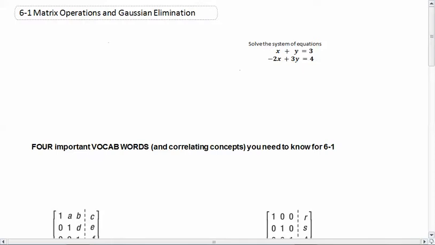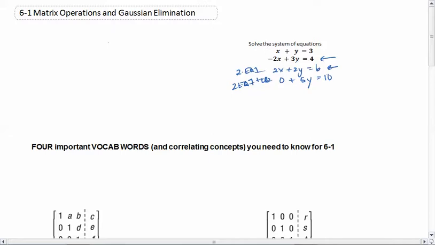If we said 2 times equation 1, what would that be? That would be 2x plus 2y equals 6. And then if I said 2 times equation 1 plus equation 2, if we add these together, we would get negative 2x plus 2x, which is just 0, plus 3y plus 2y, which is 5y, and that equals 10.